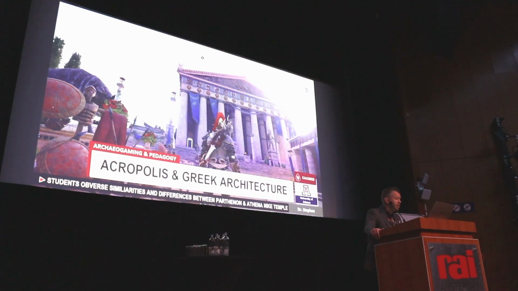And then they would do the same thing on the Temple of Athena Nike, and what they would be trying to do is figure out the similarities and differences between this classical Doric style temple and a classical Ionic style temple, and trying to derive those architectural characteristics on their own. And then afterwards, they would read Vitruvius and see what the ancient authors have to say about that.